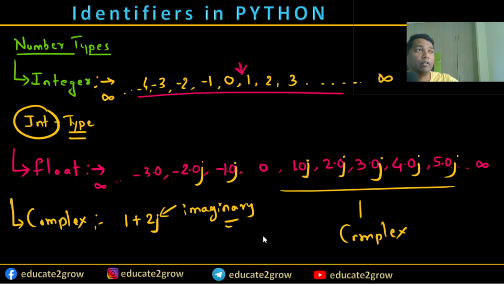Here you can put j, here also you can put j, it works. Even on a float number, if you put j after the number, that works. That is also part of the complex. These numbering systems will be used in mathematical operations at the advanced level. Okay, so these are the only 3 kinds of numbering types in Python programming which can be used as part of the data set.